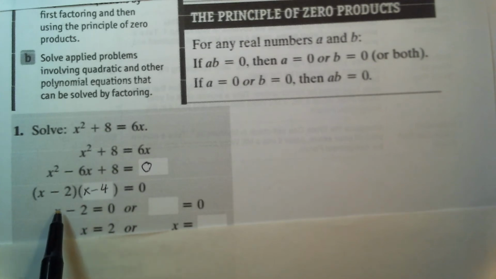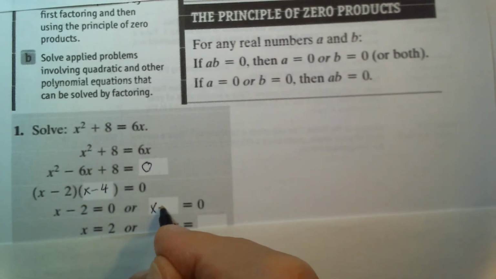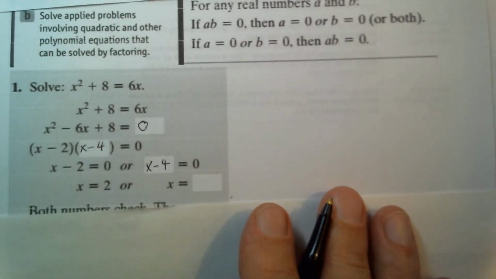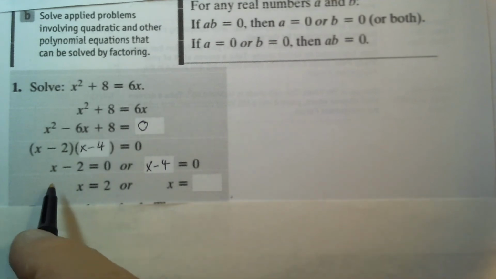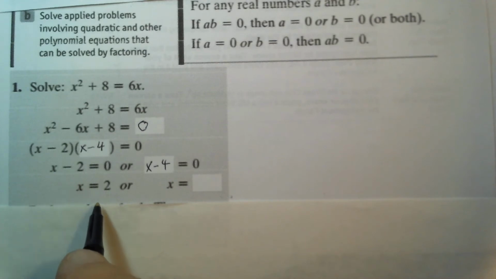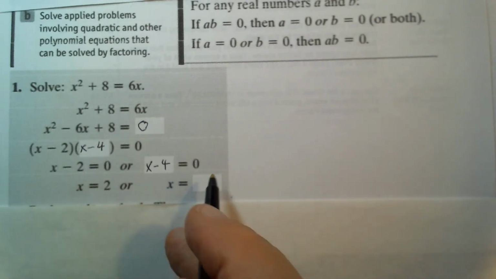And so now that tells us that x minus 2 equals 0, or that x minus 4 is equal to 0. Okay. So now, of course, that is a very simple equation to solve. We add 2 to both sides, so that x equals 2. In this case, we add 4 to both sides, so x equals 4.